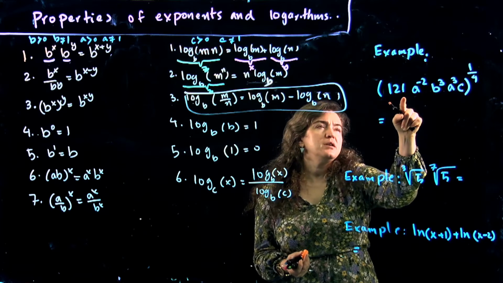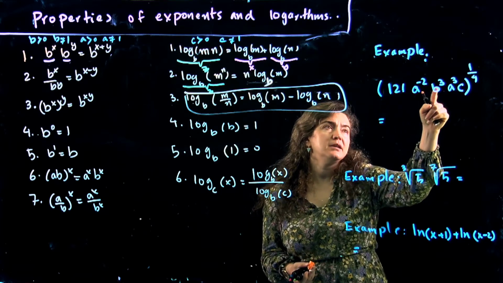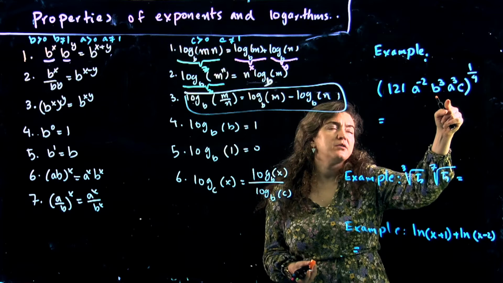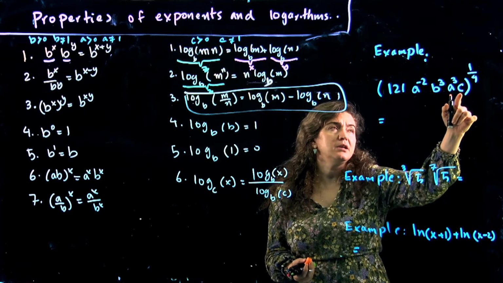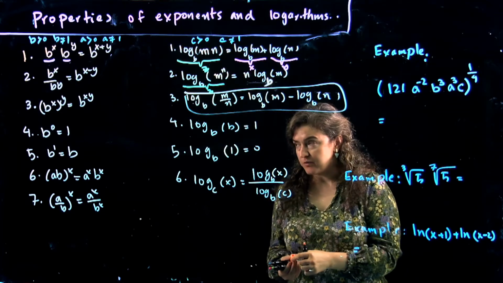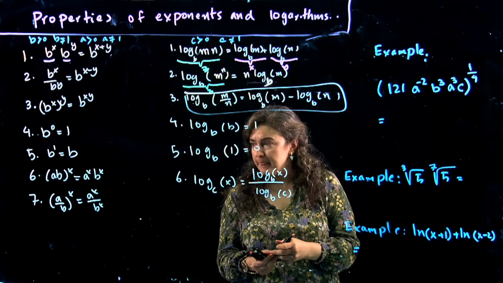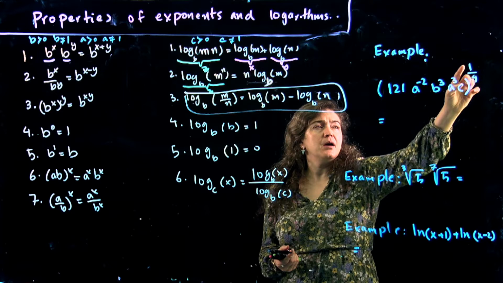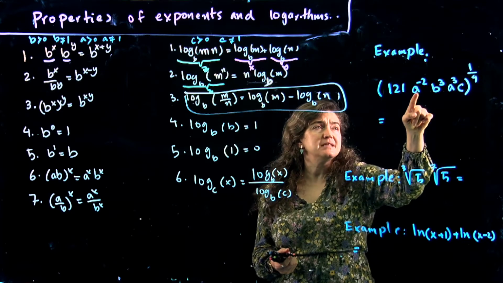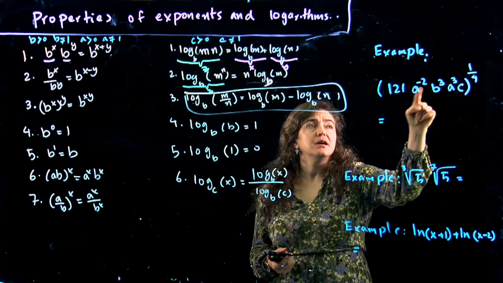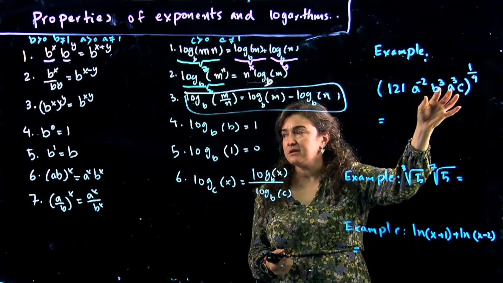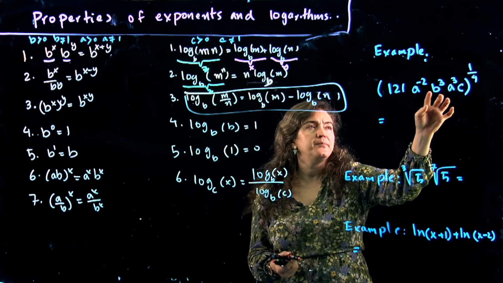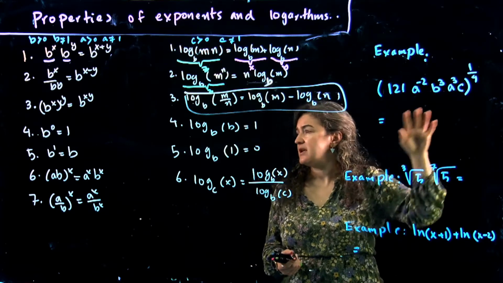What is 121 a to power negative 2, b to power 3, a to the power 3, c to power 1/4? Can we simplify this? First thing, I see there are same bases in the product with different exponents.